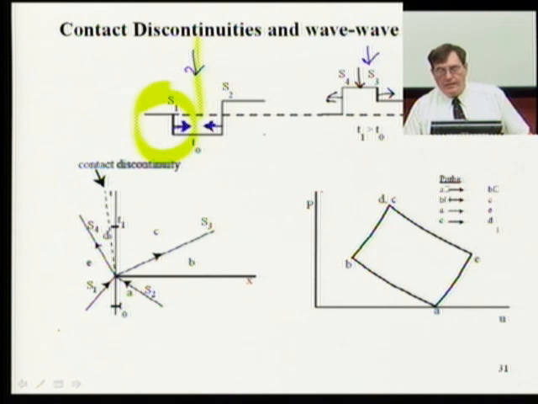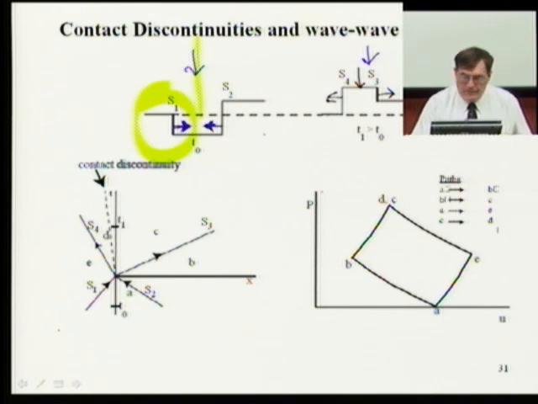On a PU diagram, you start down here with state A. This is where zero pressure is, before anything's happened, before they've collided. If you go across this shock from A to B, it's a backward-facing shock, so it has to be on a backward-facing PU curve.